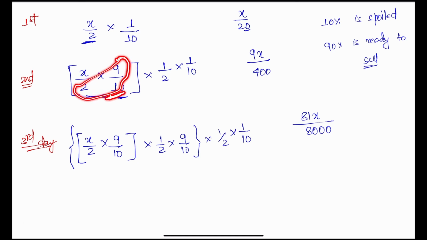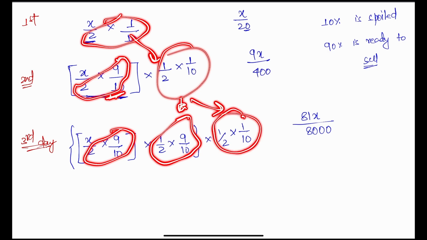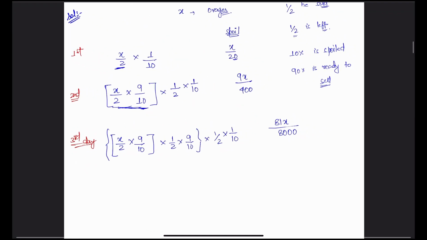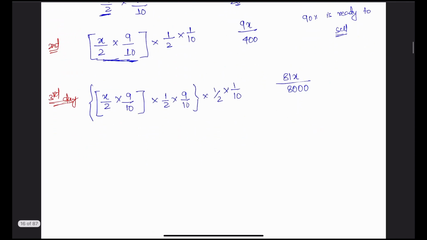This one is the left, and remaining is always in this form. So now I have all the spoiled amounts. Let's just add up all the spoiled amounts.